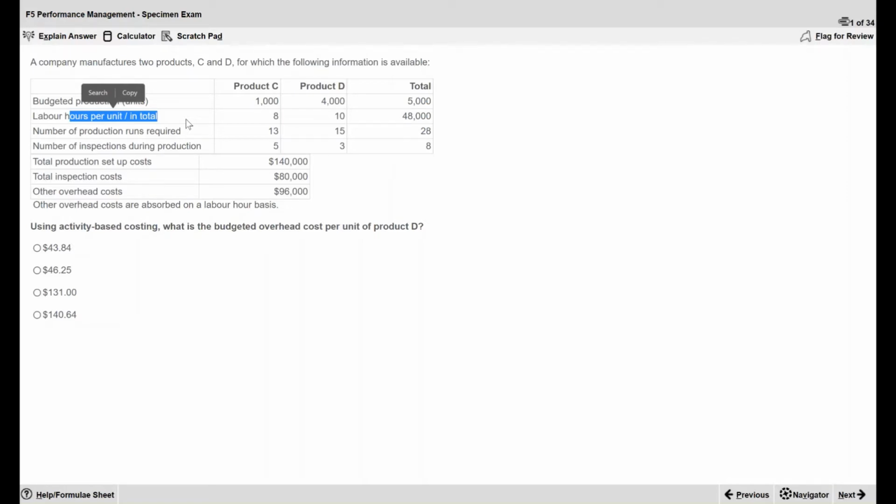I didn't use units because, as you might remember from your early studies in absorption costing, we give preference to hours rather than units. So instead of dividing on units, I'm going to divide on hours, and also because hours is an activity. So let's start with the question.